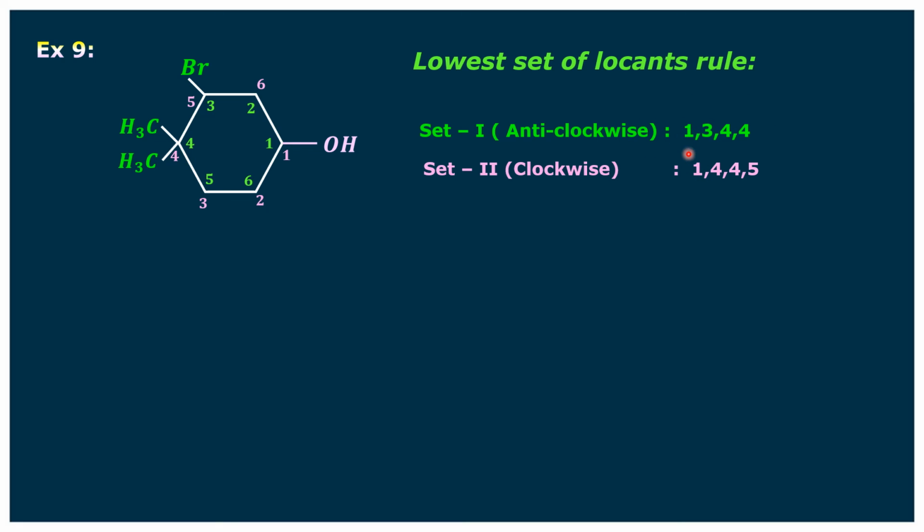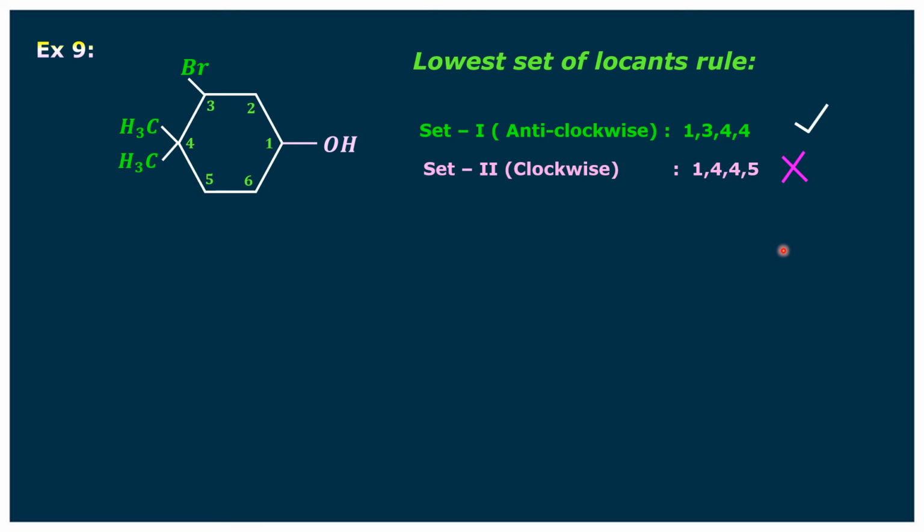At the first point of difference, you see here the first two terms are equal, then compare the next terms. Here 3 is less than 4, so at the first point of difference 3 is less than 4, so no need to compare the remaining terms. So anti-clockwise numbering is the correct way of numbering and the clockwise numbering is the wrong way of numbering.